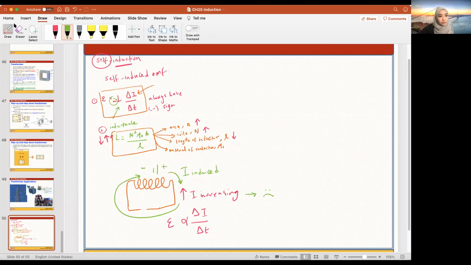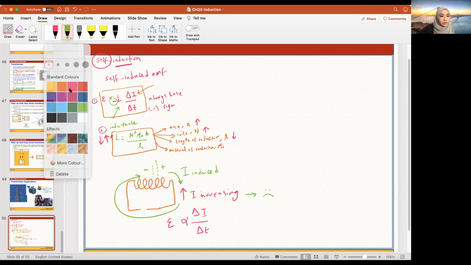This is my induced EMF. Typically, because you don't have color during the exam, you would label this as a dash. So the EMF that is induced, you label it as a dash. This is your positive and this is your negative.